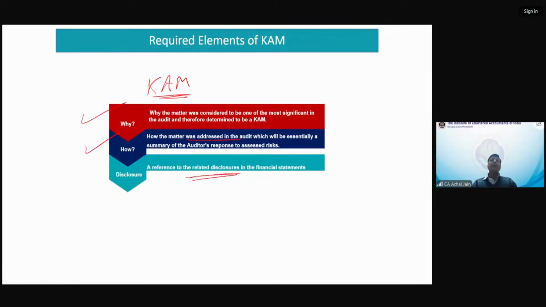Every time a CAM is given, the auditor will be required to give three things. One is why the CAM. Second is how that was dealt with. Third, a reference. So this disclosure is all about reference to the related disclosures in the financial statements.